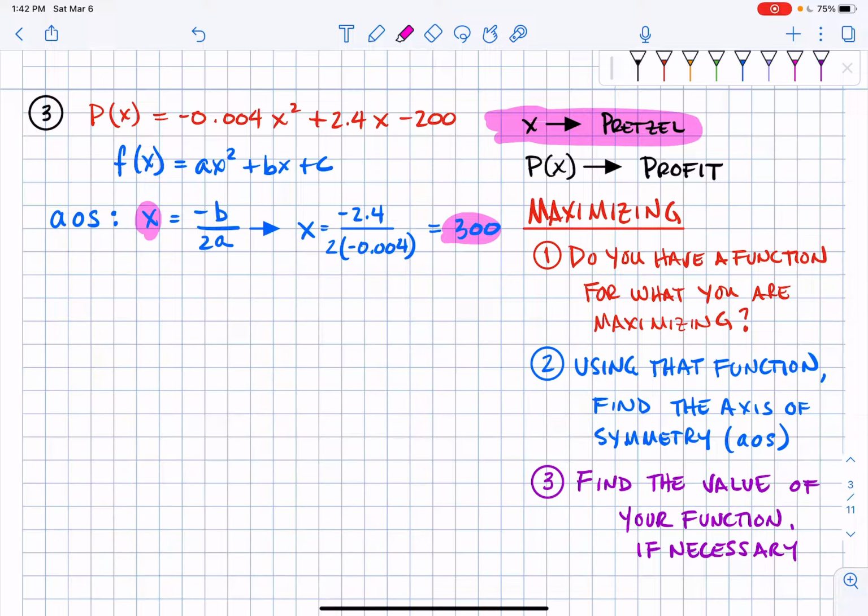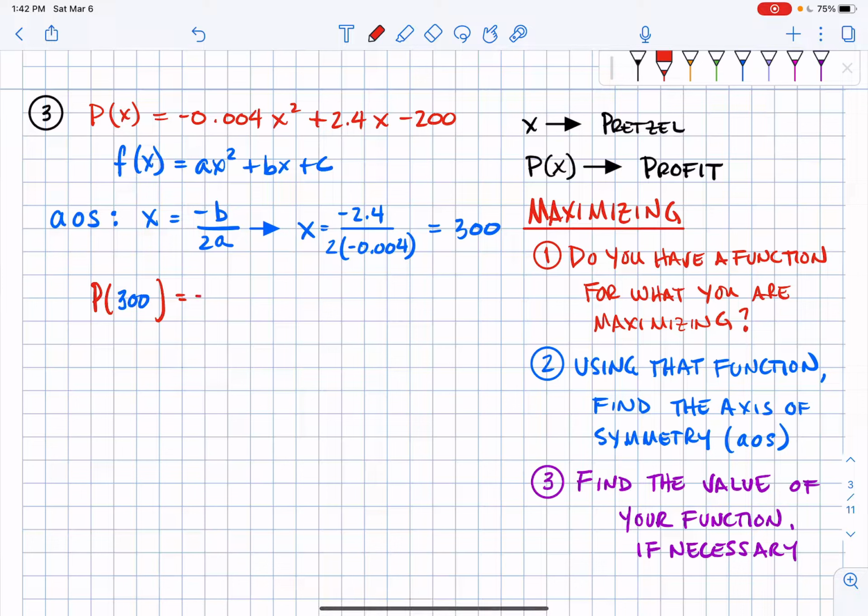So even if you found it, now the third step says, find the value of the function necessary. So if it was to ask you, hey, what is the profit? Then yes, you will have to go to the profit function and find the profit when 300 pretzels are sold.